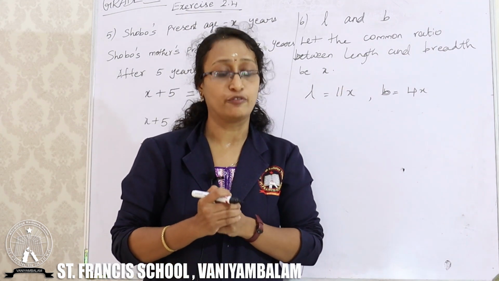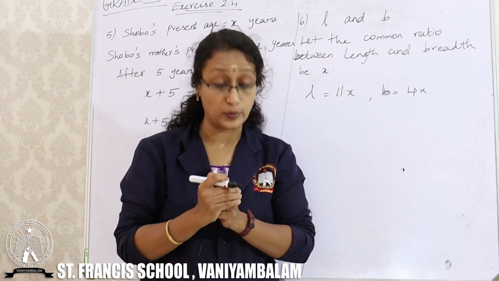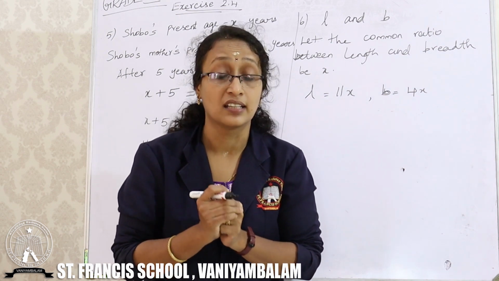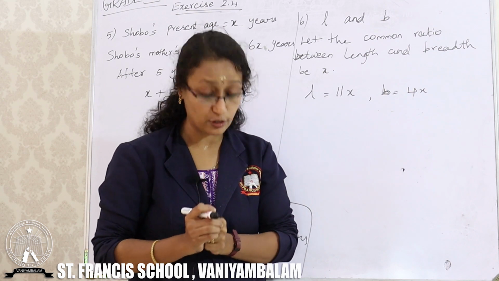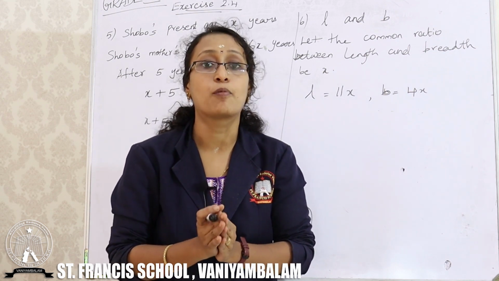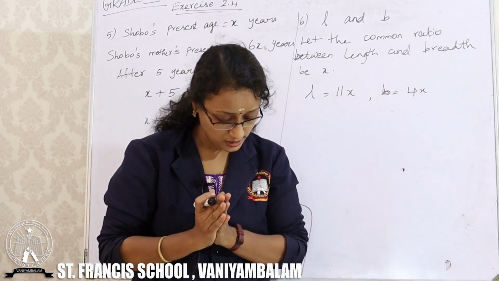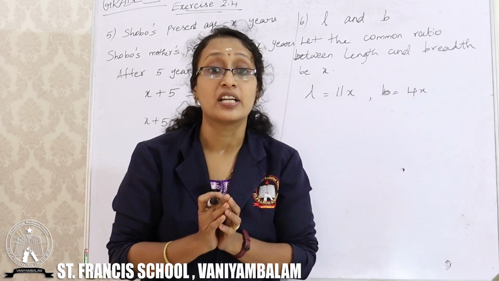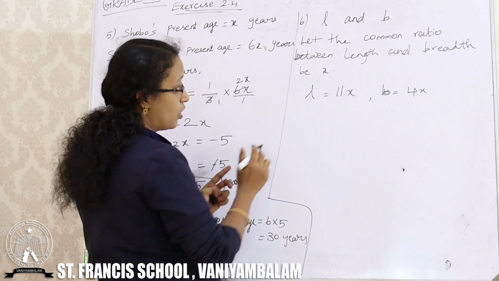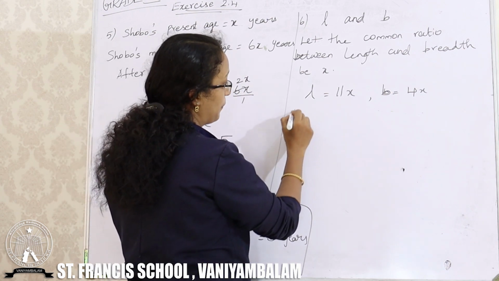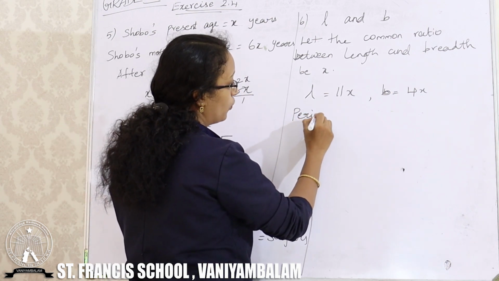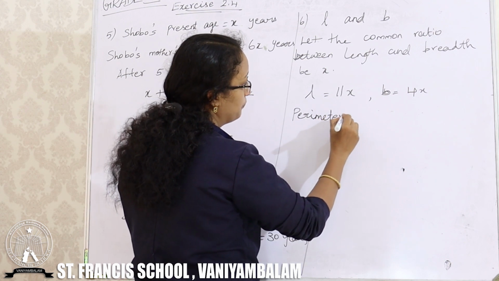At the rate of rupees 100 per meter, it will cost the village panchayat rupees 75,000 to fence the plot. So how will you do this? Let us find the perimeter first. I will tell you why we are finding the perimeter.